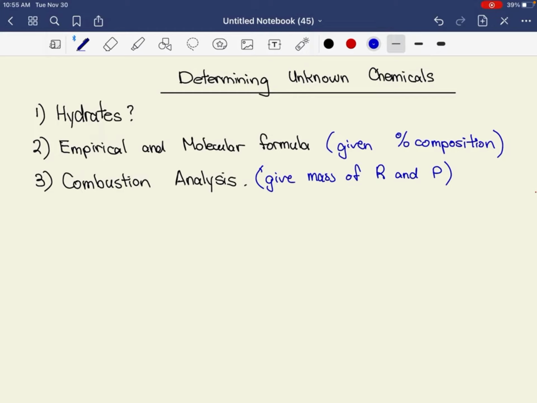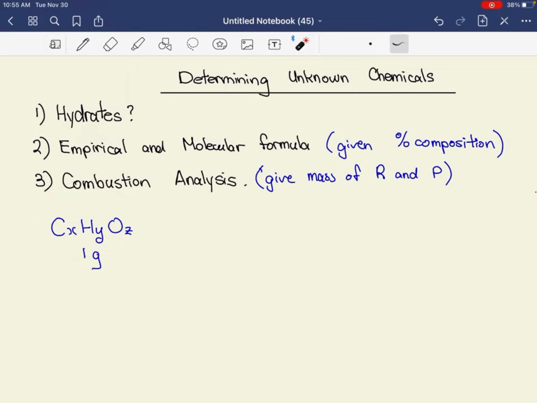Combustion. First, let's think about what is combustion. Combustion is when you are reacting with oxygen. If you're looking at a fuel, let's say this fuel is called CxHyNzOz. Okay? And let's just say I have 1 gram of that. Okay, I have 1 gram of this unknown fuel. All right?